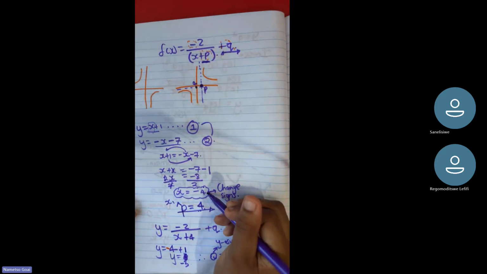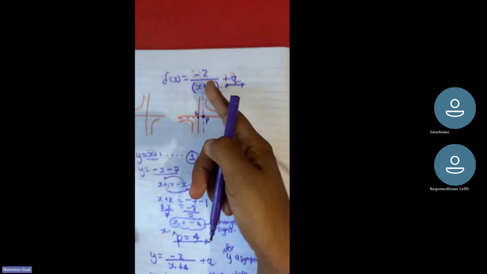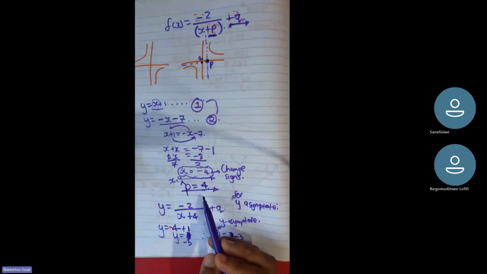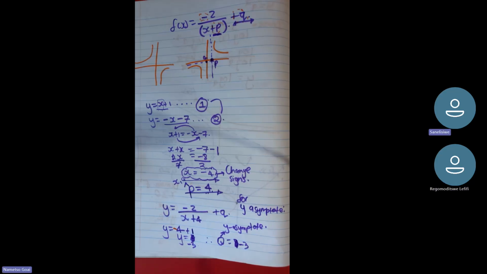But we know that the x value is negative 4. Once you substitute it over here, it changes the sign. But when you plot, you use this x value. You don't take the p, you use the x value. Do you understand? Okay, just to clarify that.